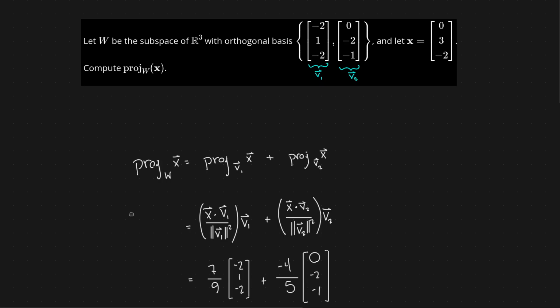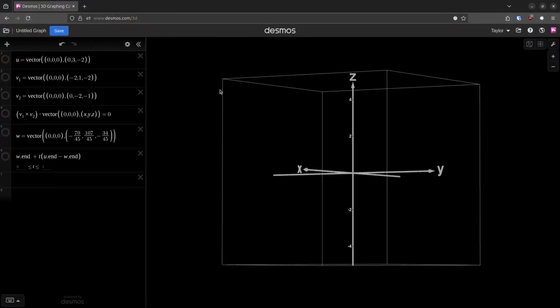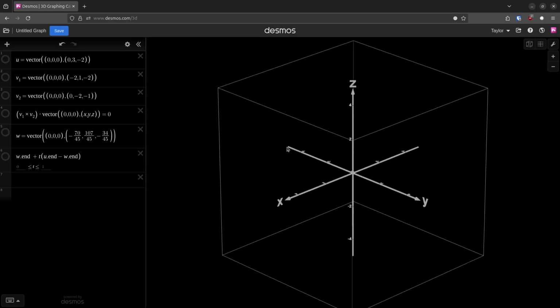Okay. Now this is in three-dimensional space, so we can actually see a visualization of what this looks like. So let me pull up Desmos and we can see a picture. Okay, so I've got three-dimensional space here.